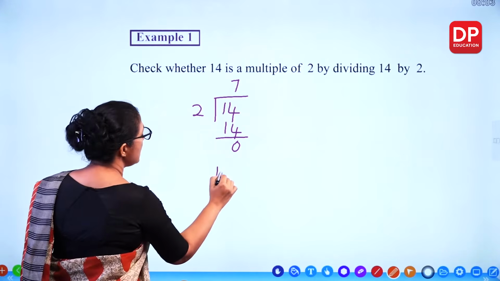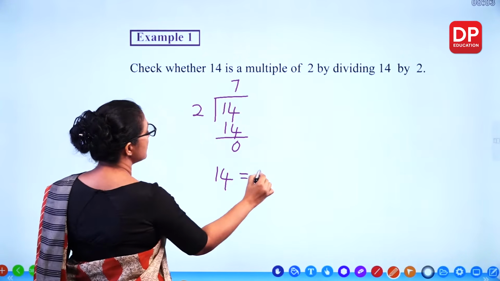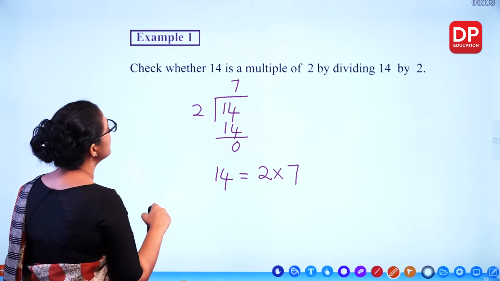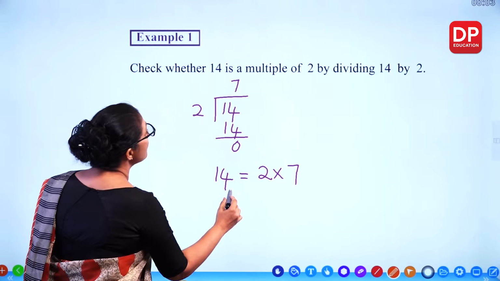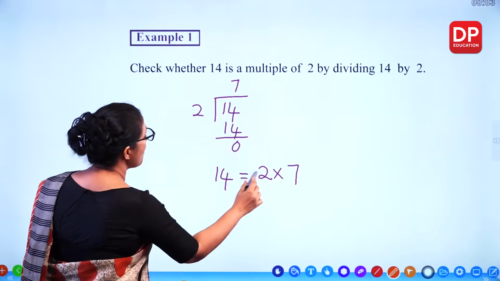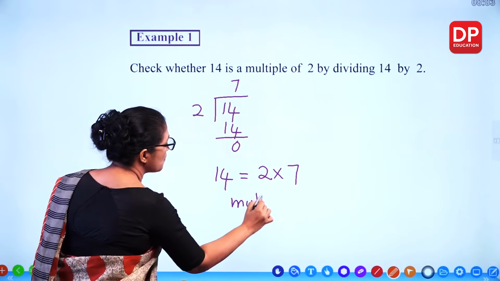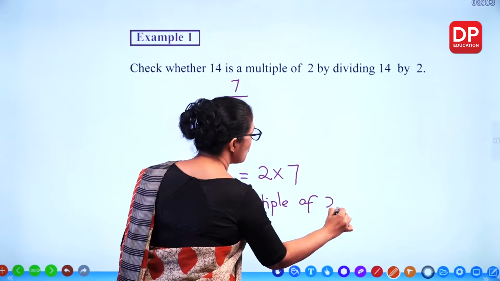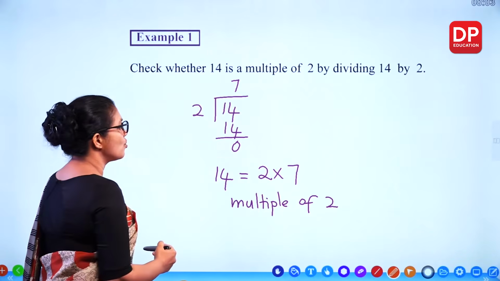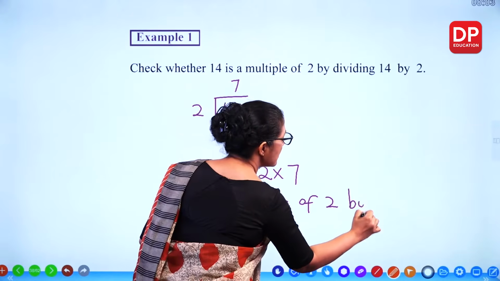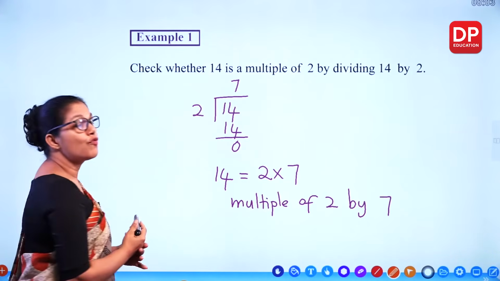So 14 I can write 2 times 7. So that's a multiple. So you can write multiple of 2 by 7 is 14.